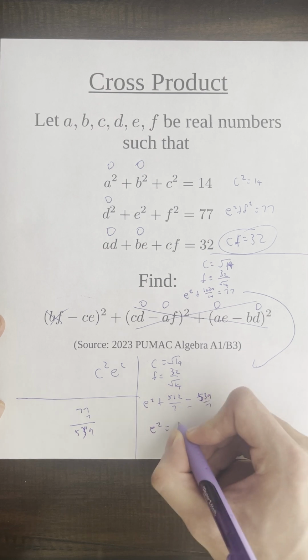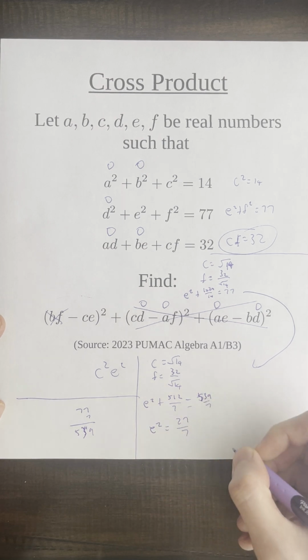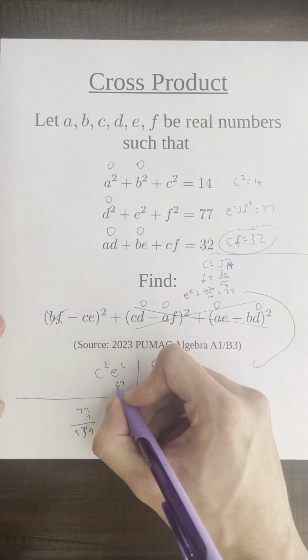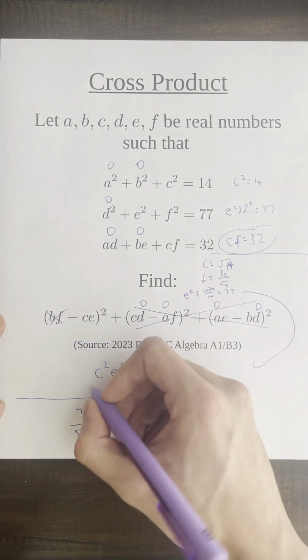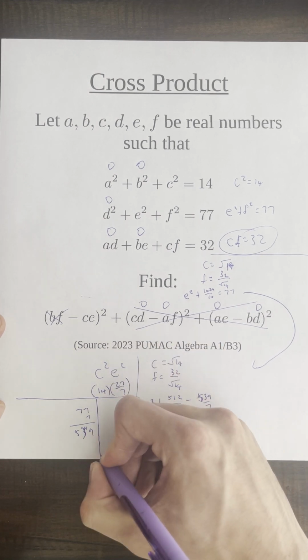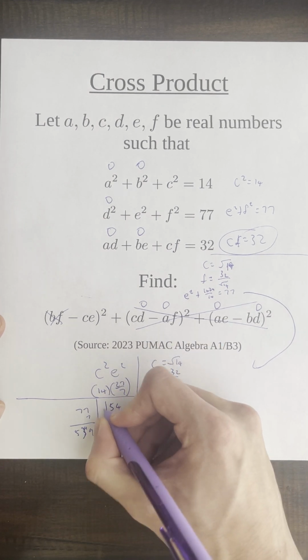Okay, so E squared is equal to 27 over 7. So E squared is 27 over 7, and C squared is 14. So these two multiply to 54. This is your answer.